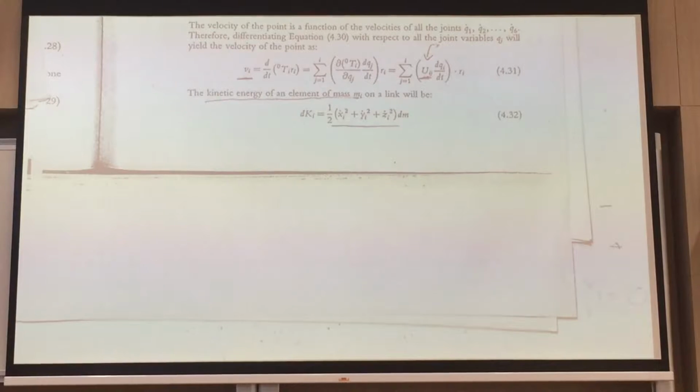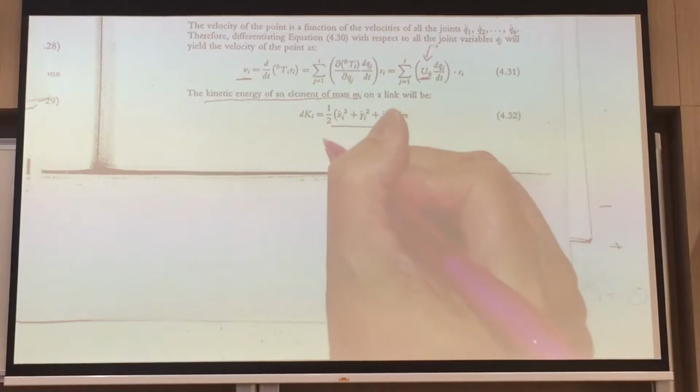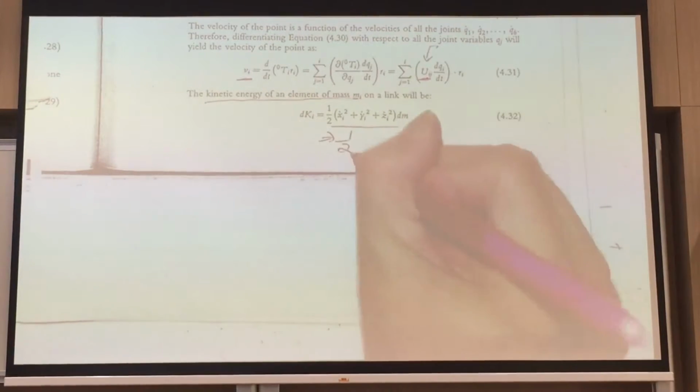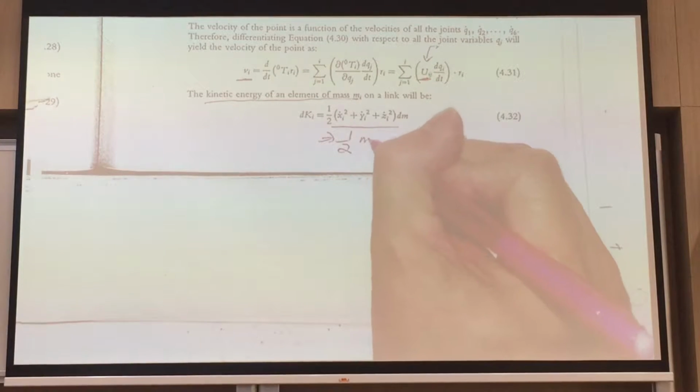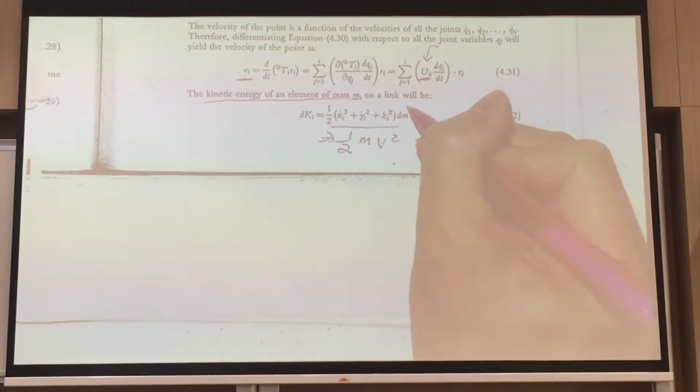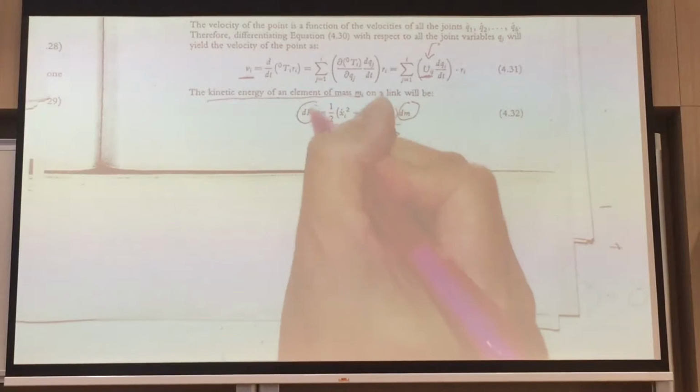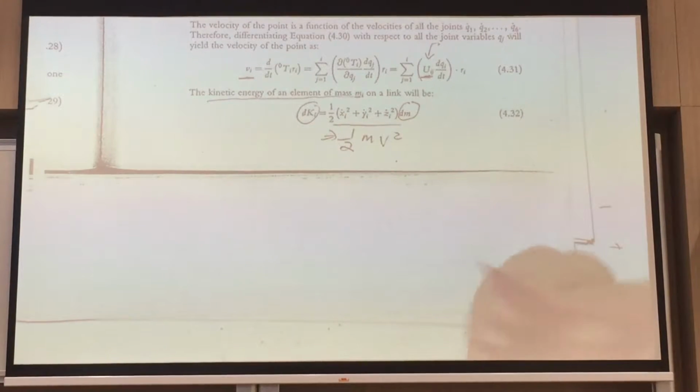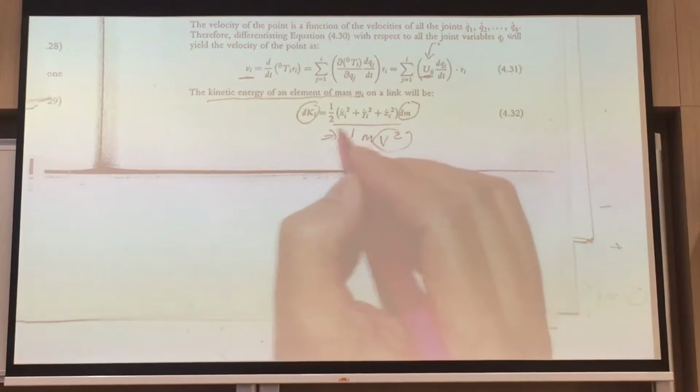Okay, this term here is similar to mv squared. Your m is here, your dm, because you take the derivative here. Your v is given by this term.